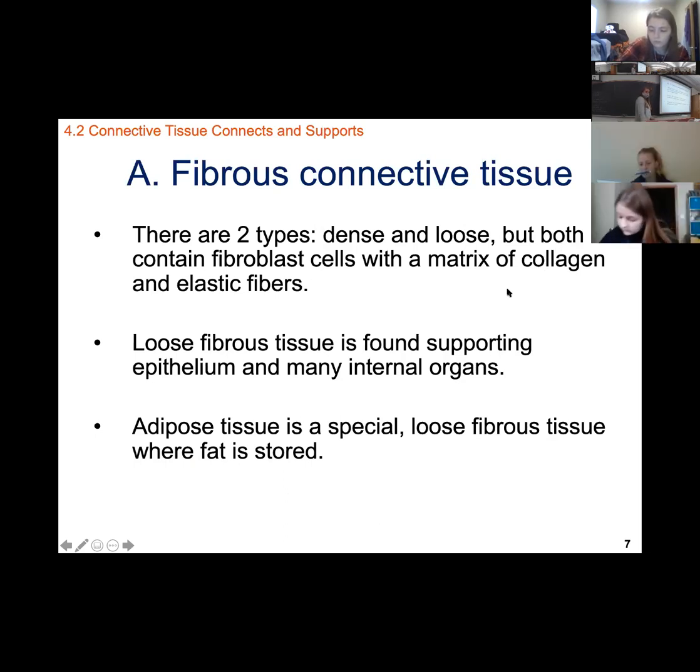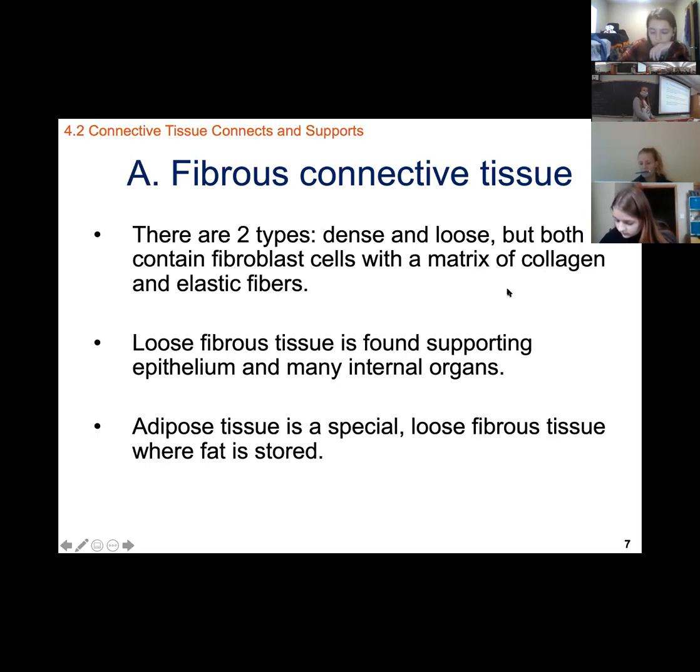Collagen. Have you ever heard of somebody putting collagen in their coffee before, maybe? It's like a powder. So it's really good for your hair, your skin, and your nails. Collagen is really important. It's a supportive part of that. And elastic fibers. So fibers that are able to move and bend.